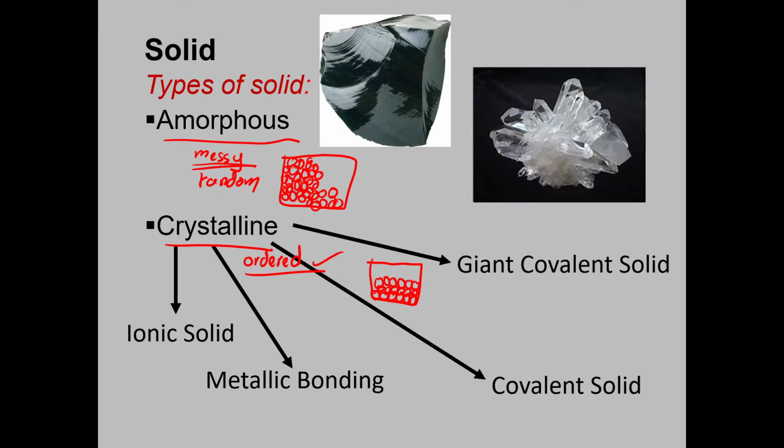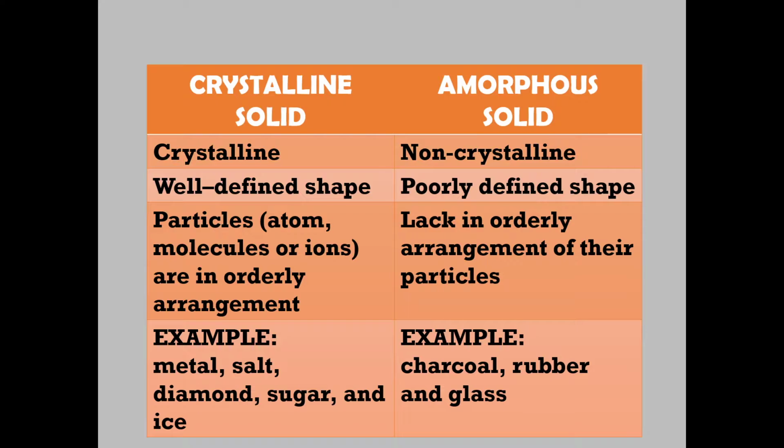The question usually dia akan tanya the definition of amorphous solid, crystalline solid, ataupun dia minta pasal metallic bonding punya solid, dan dia tanya pasal dia punya examples. Example is very easy. So this is the definition: crystalline and non-crystalline. You just hafal one, you will hafal the other one.